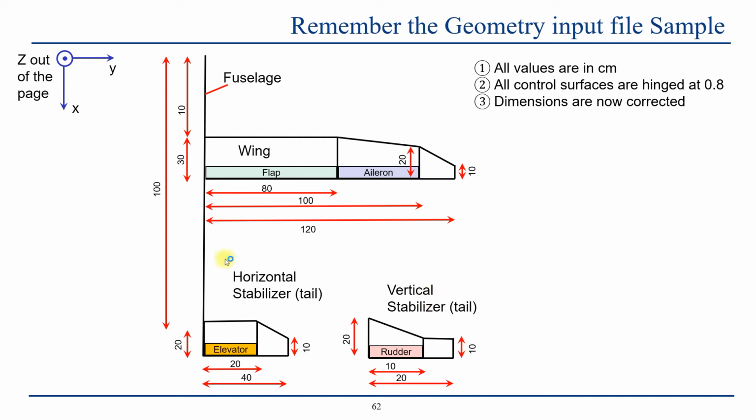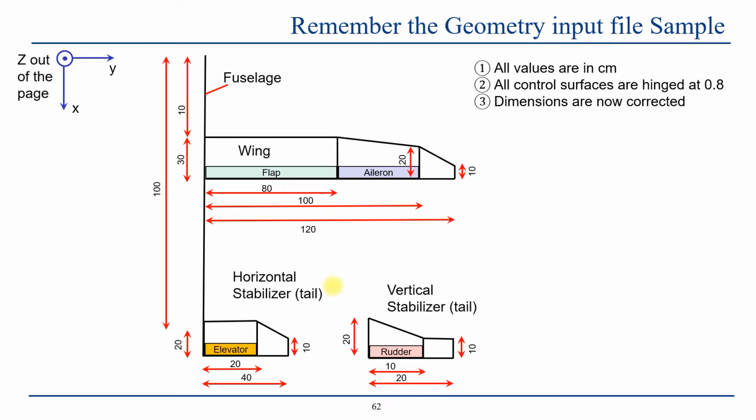So these dimensions are the updated dimensions and they make more sense compared to what we had last time. This is what we will be using when we go through the distribution of mass today, and we will be implementing that mass distribution for this geometry file that we will be working with.